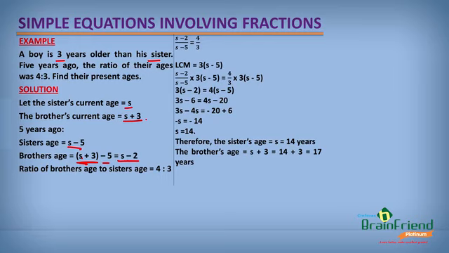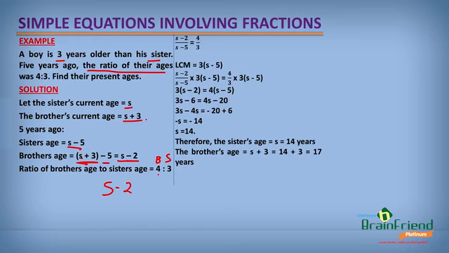Now we are going to convert this ratio 4 to 3 to an algebraic equation so that we can solve it. This is the ratio of the brother's age to the sister's age.